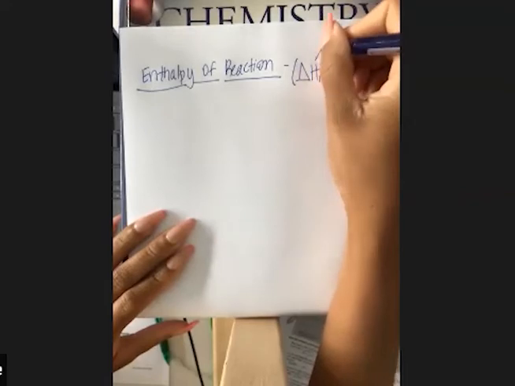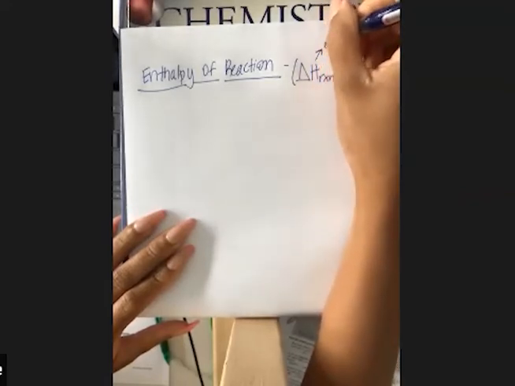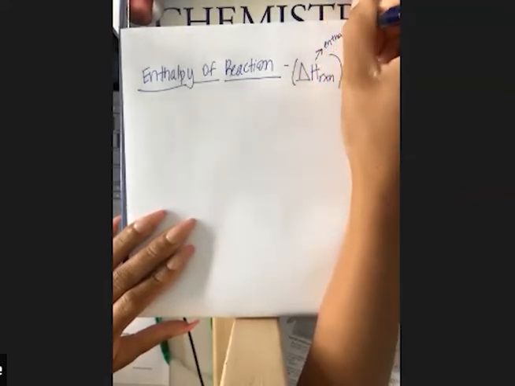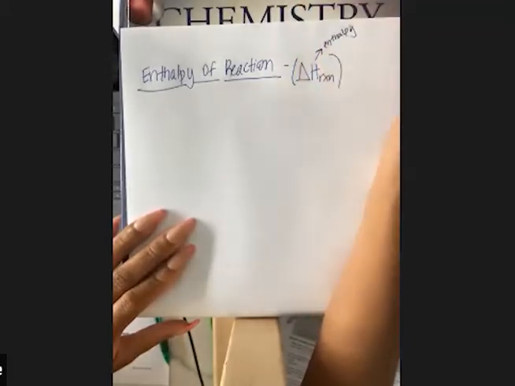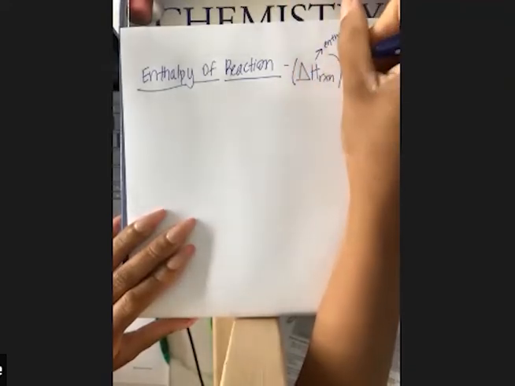This H stands for enthalpy. And remember that this triangle is always going to be the difference, the final minus the initial. In our case, when we talk about chemical reactions, it's going to be the products minus the reactants. We call this the change in enthalpy of a reaction.